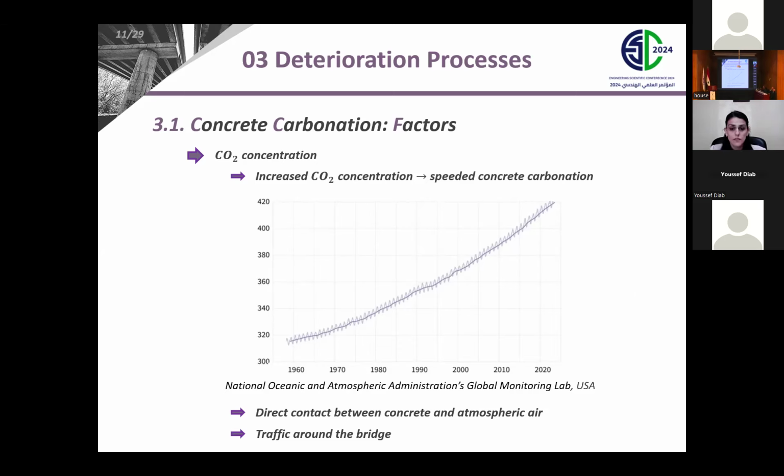This increase contributes to faster and more intense carbonation process. Apart from that, bridges have rarely any protective coating, and their surface is in direct contact with the atmospheric carbon dioxide. In addition, the amount of carbon dioxide around bridges is even higher because of the vehicles moving through and under the bridge.